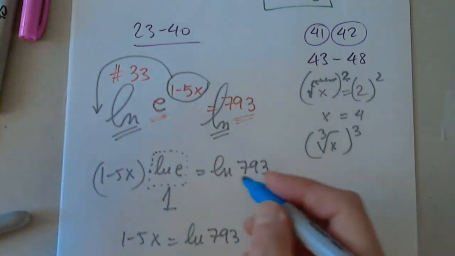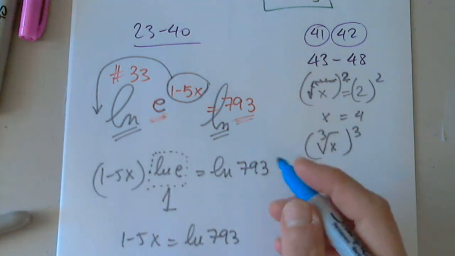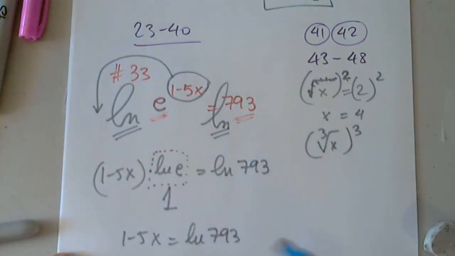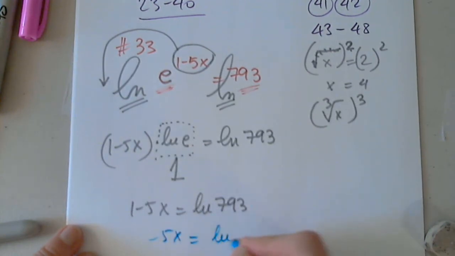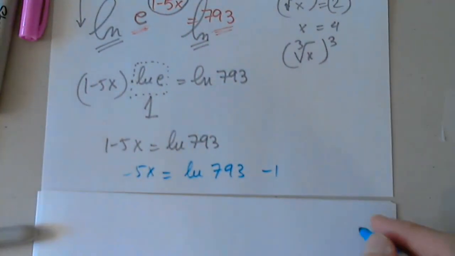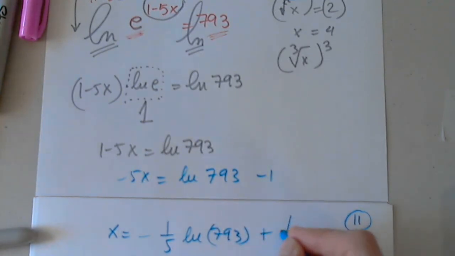It's a composition of an operator or a function and a number, but it's still a number. Don't get bothered by it. It's just a number. I still have to subtract 1 and divide by -5. So negative 5x equals natural log of 793 minus 1, and I divide both sides by -5. And this is it. Can I approximate it? Yes. So then x equals negative 1/5 natural log of 793 plus 1/5.